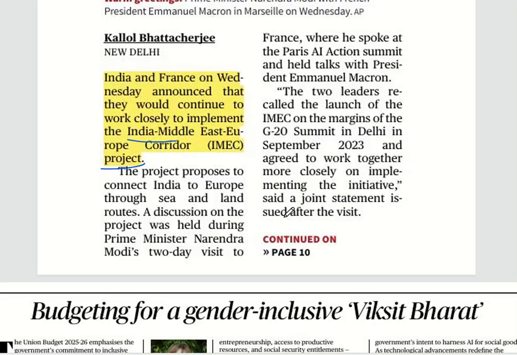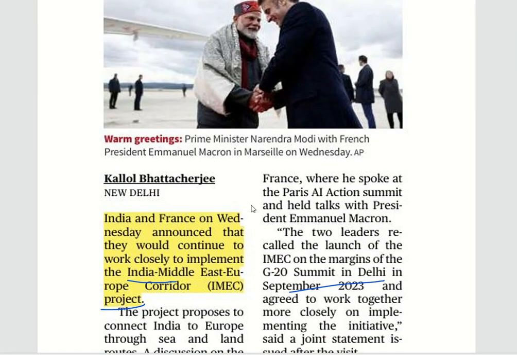The two leaders recalled the launch of IMEC on the margins of the G20 summit in Delhi in September 2023 and agreed to work more closely on implementing the initiatives. Just be aware of this, because it could be helpful in your international relations topic on India-France relations.